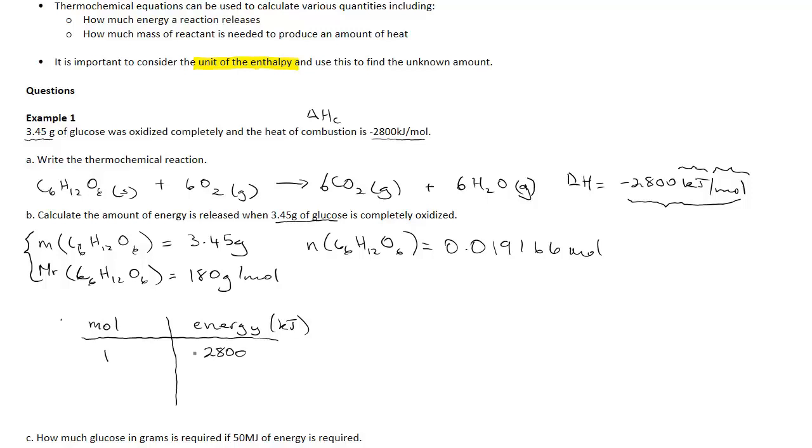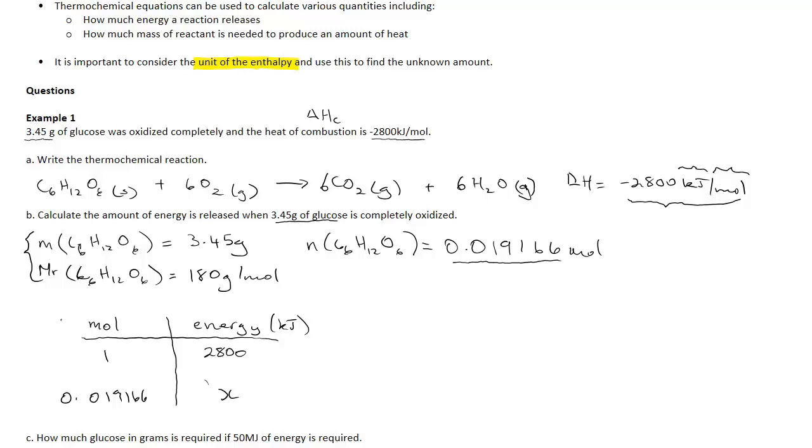Now I haven't put in a negative because it's not relevant. We know that energy is being released, and what that negative implies is that energy is being released. So if we already know that, we don't have to include it in our calculations. The other thing that we know is how much mole of glucose we are burning. So we will use that value, 0.019166 mole, and we don't know the amount of energy that's released.